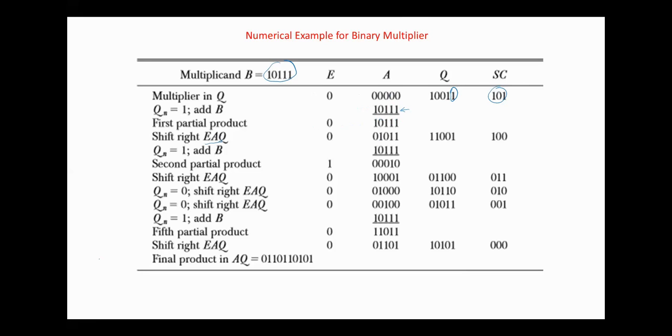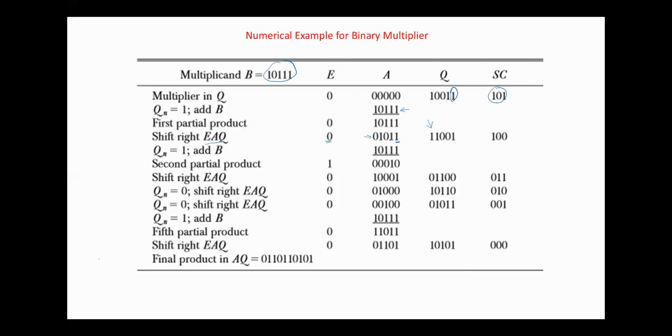Next, we shift the E flip-flop, A and Q registers to the right 1 position. So here 0 is shifted in. All these bits are shifted to the right, and the least significant bit of A is shifted to the Q register.